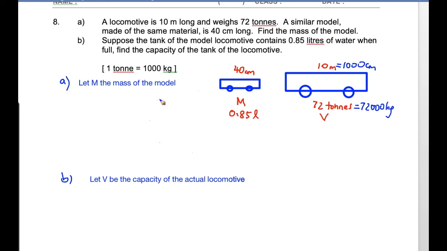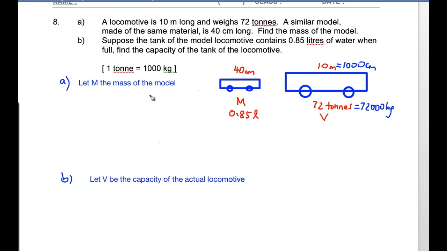In question 8, we are given a locomotive and its model. We are required to find the mass of the model. To find the mass, we know first that the ratio of masses is equal to the ratio of volumes.